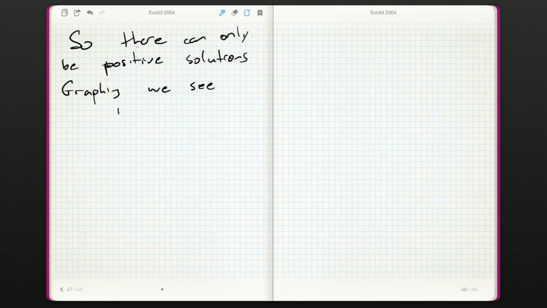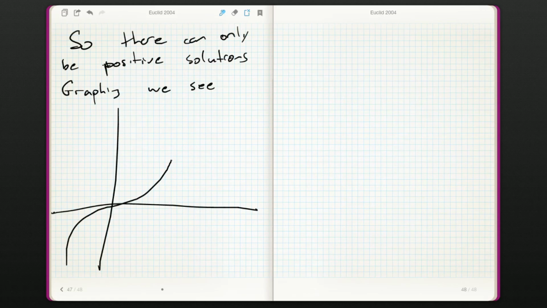Graphing, we see it goes through 18, so we got 3t plus 18, and then t cubed.